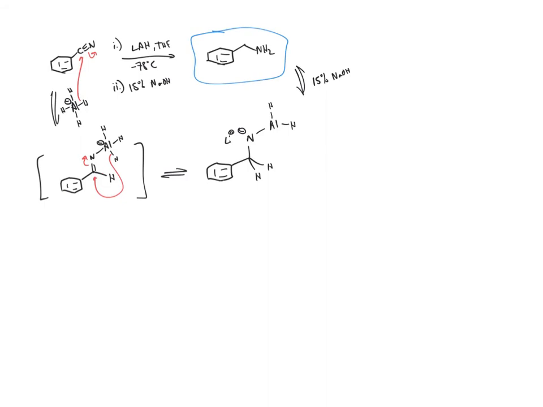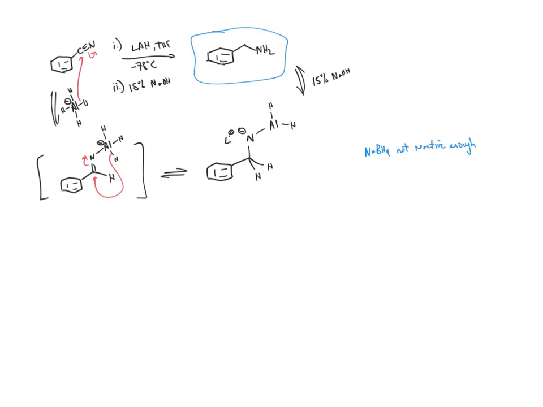And so this is a really good way of making amines from nitriles, is to take lithium aluminum hydride and fully reduce them. Now, this doesn't work with sodium borohydride, right? I'll just say here that sodium borohydride is not reactive enough with nitriles.